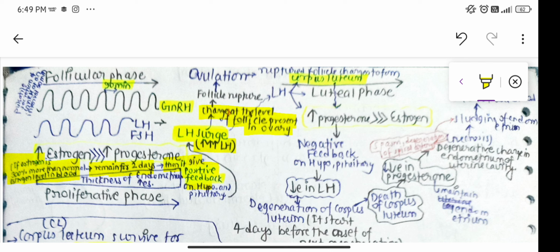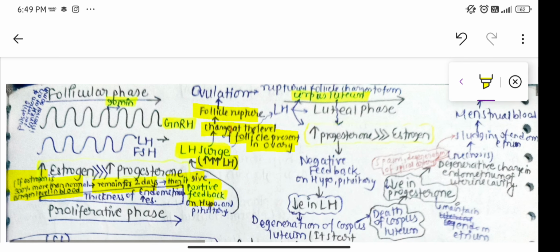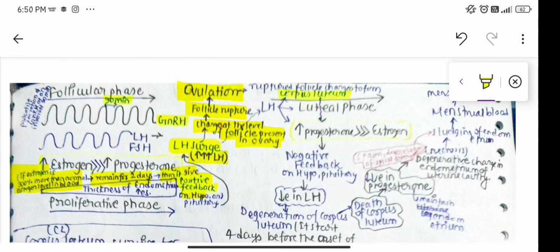After the rupture there will be release of the oocyte, and this process is known as ovulation. Now this ruptured follicle will change to form the corpus luteum. Why is it called luteum? Luteum means luteal cells. These are yellowish colored fat cells, and they are rich in fat.